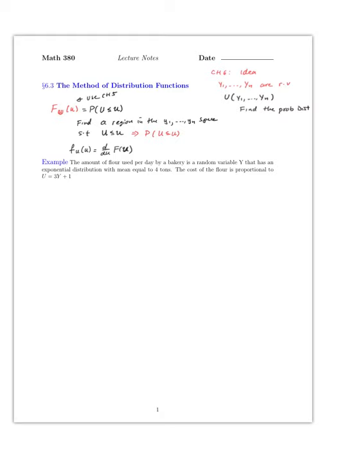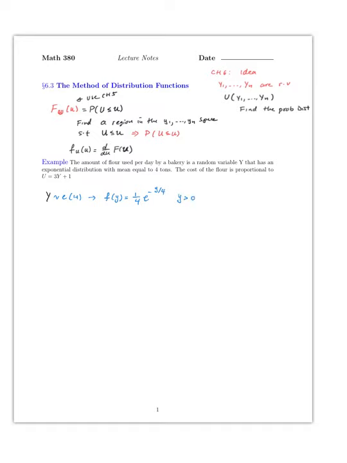So this is what we have so far. We know that Y is exponential with mean 4, which means that f of y is equal to 1 over 4 e to the minus y over 4, for y positive.